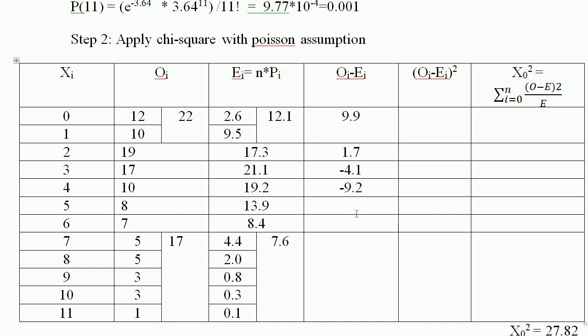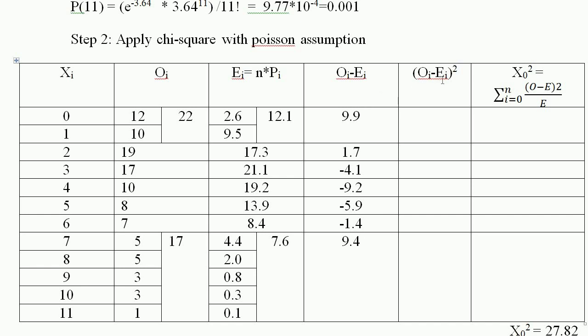Again 8 minus 13.9, that is minus 5.9. Again here 7 minus 8.4, you are going to get a negative value, minus 1.4. So now 17 minus 7.6, you will get 9.4. So these are the 7 interval values of OI minus EI.